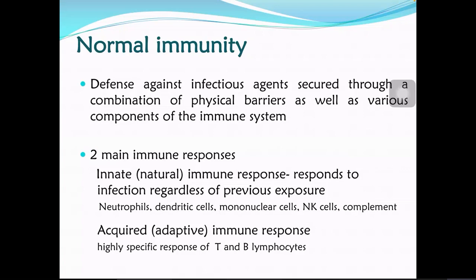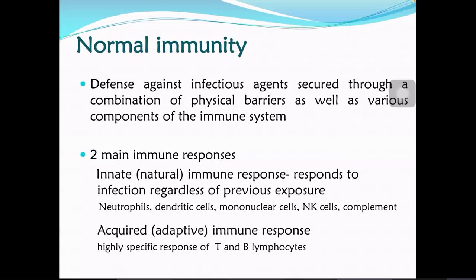The immune system has two main immune responses. One is what is known as the innate or the natural immune response. The innate immune response is able to respond to infection regardless of a previous exposure.